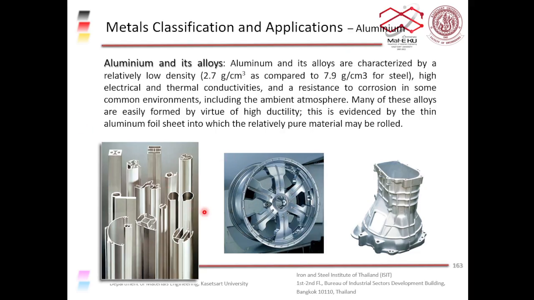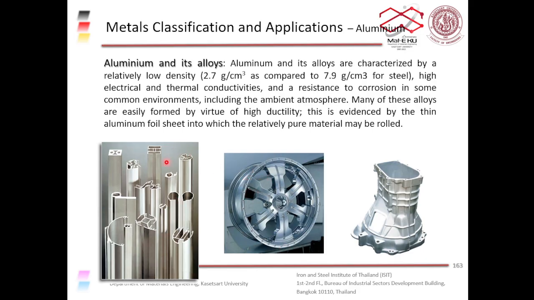Aluminum alloys have many grades, depending on the alloying element that you put in, and you can shape it into different shapes. You can form it using casting to make the housing for the gear in a car. You can form it into aluminum alloy wheels.